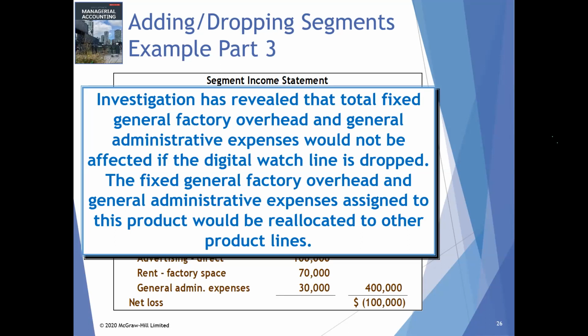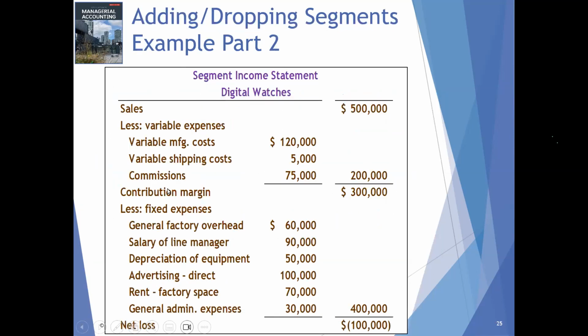It means there are two expenditures which remain the same over the next years. It's not going to change whether you drop this article or not. These are the total fixed general factory expenditure, which is also given here.